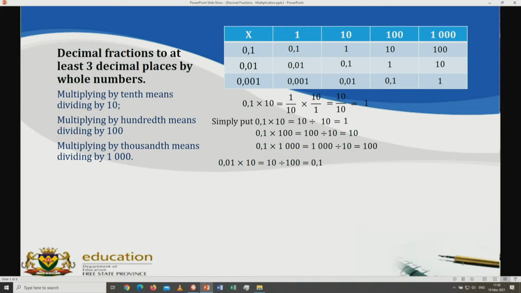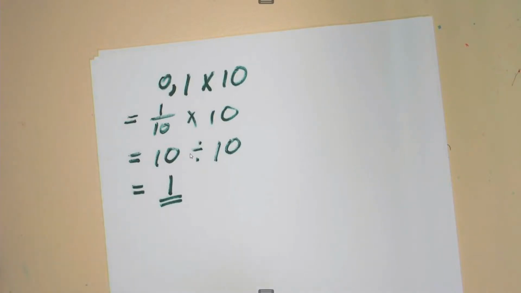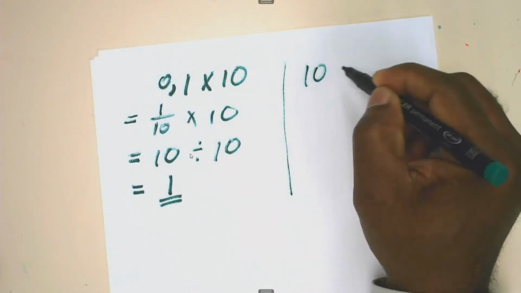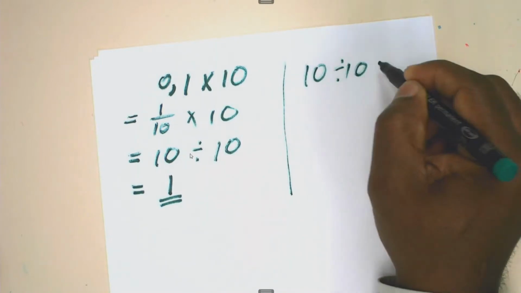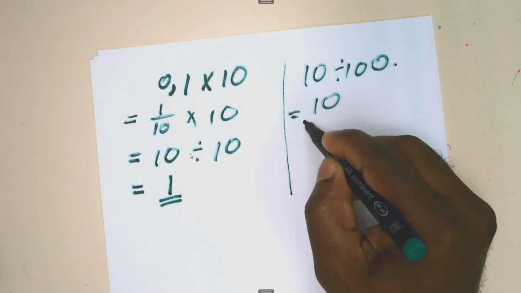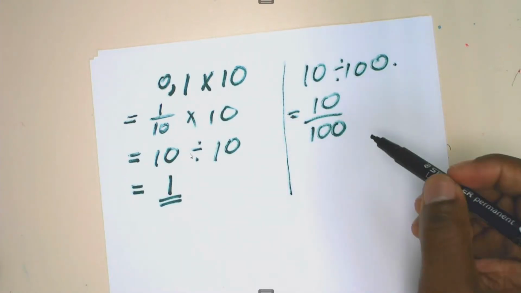It can be written as 10 divided by 100 is the same as 10 hundredths. What does that mean?